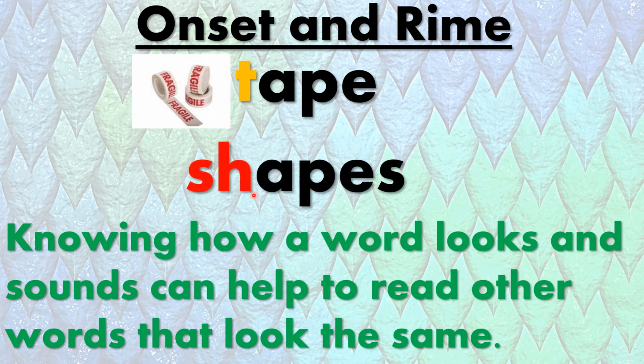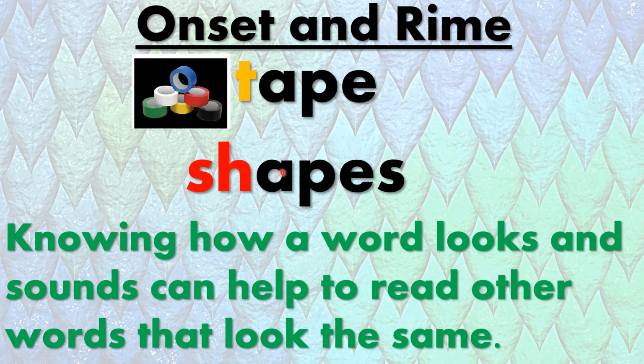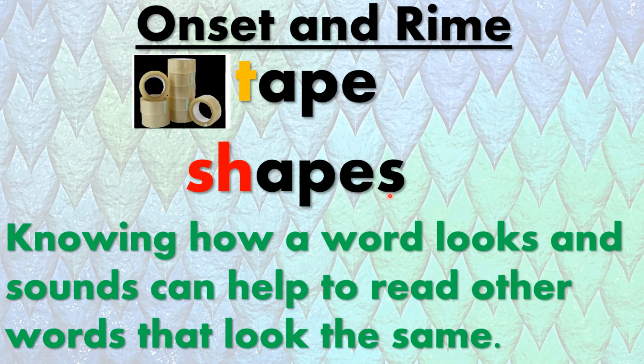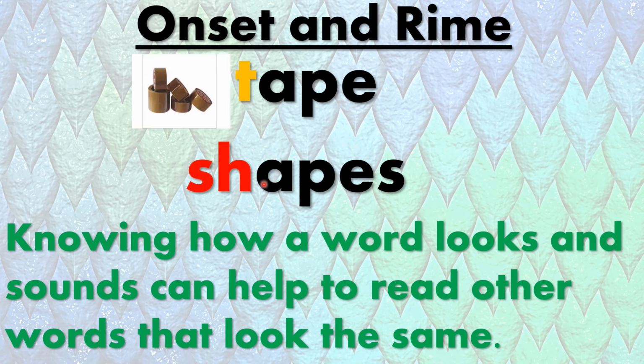So now we have this word, and we can see the rhyme A-P-E is the same in both words. So we have A-P-E, ape, and an S, apes. This says apes, just like tape.